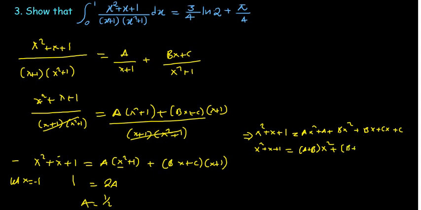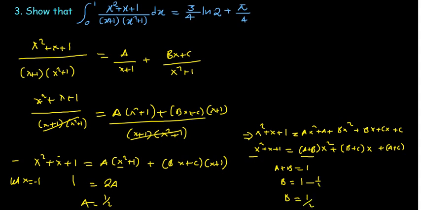So b plus c, and then x, and then plus we've got a plus c. We've already found that a is 1 over 2. So if we compare this with this, a plus b should be equal to 1. That means b is going to be 1 minus a, and our a is 1 over 2, meaning b is also 1 over 2.